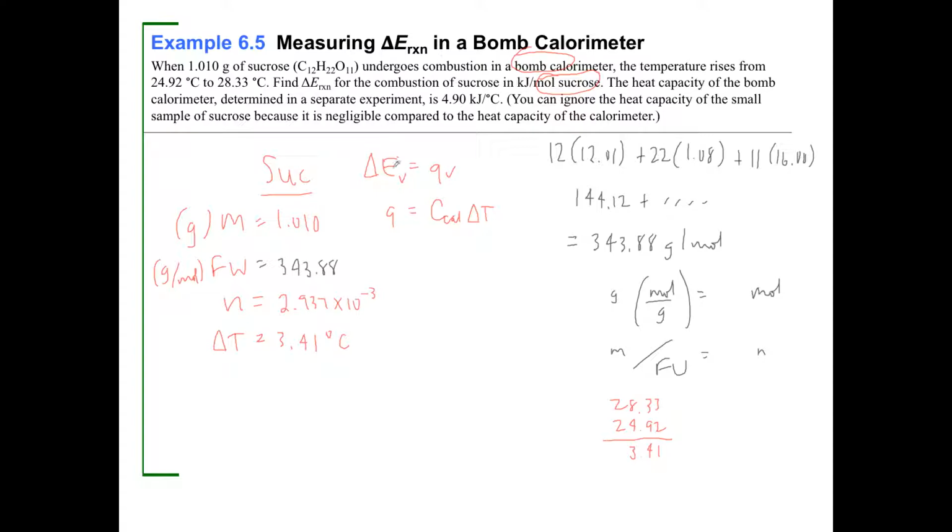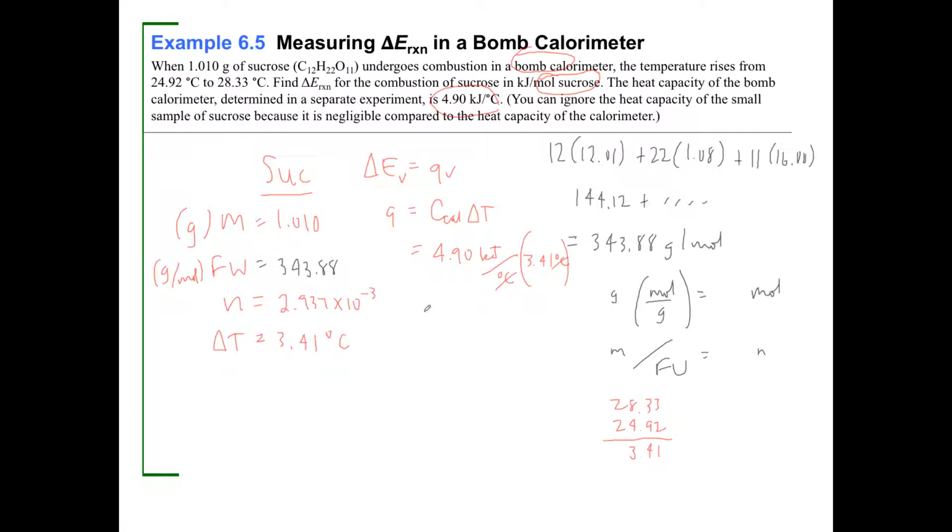So, first of all, we know the heat capacity of the calorimeter, because it's given to us, 4.90 kilojoules per gram degree centigrade, times the delta T, which is right here, 3.41 degrees centigrade.